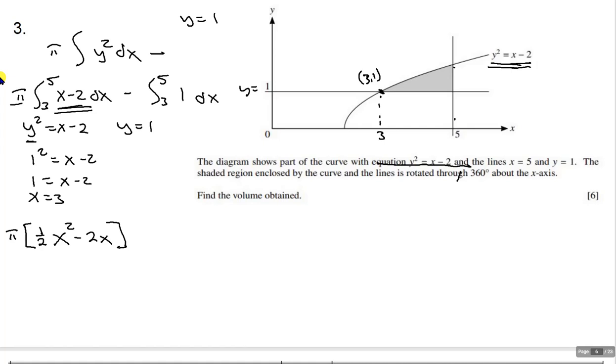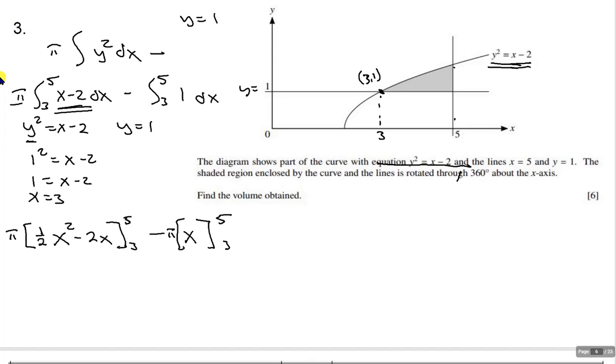And again, I'm going to go from 5 to 3. And then I'm going to take away the integration of 1, which, if I integrate 1, it's a constant, it's going to be x. And it's also going to be from 5 to 3. All right, now again, I'm going to take that and multiply it by pi also.